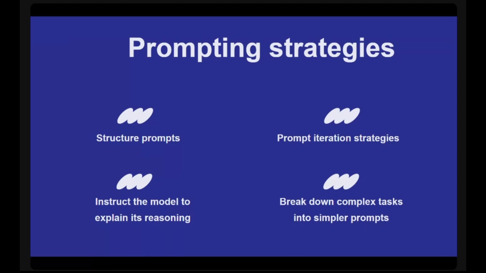Prompt iteration strategies. Some of you, or maybe everybody, might have seen that sometimes when you ask ChatGPT something, it doesn't give you the correct answer. Then you ask it again, and you keep asking.